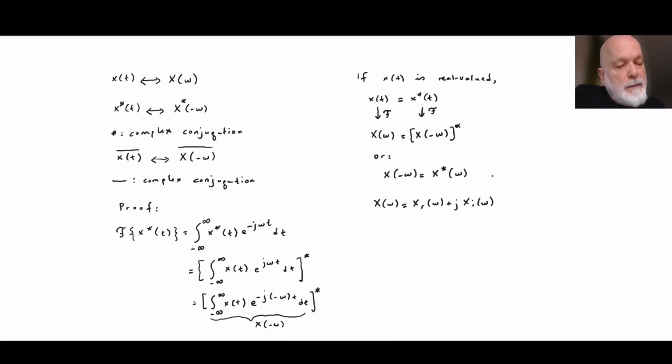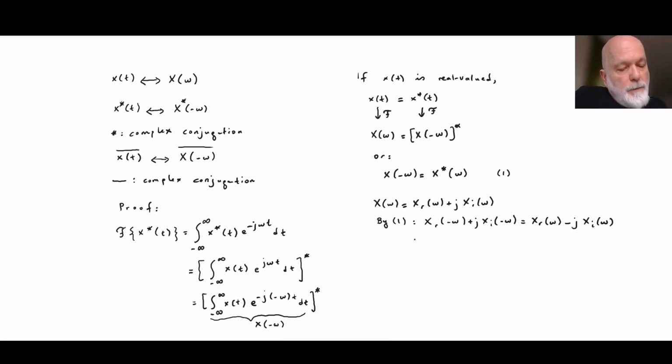Let us call this equation 1. By equation 1, we can write: Xr of minus omega plus j times Xi of minus omega is equal to Xr of omega minus j Xi of omega, because we have conjugation.